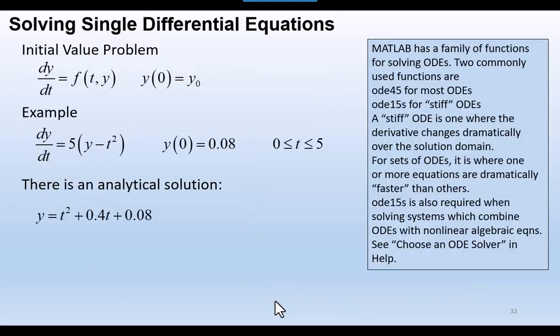Okay, so let's move on to solving single differential equations. We point out the example we have here, which is sort of a famous example because it turns out that it's very difficult to solve numerically, and we'll see that in a moment.